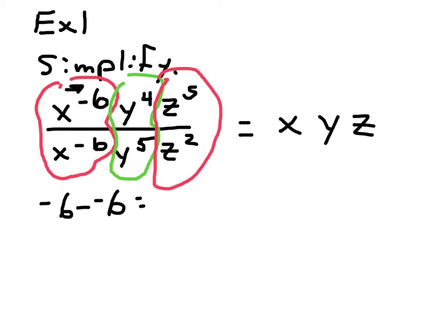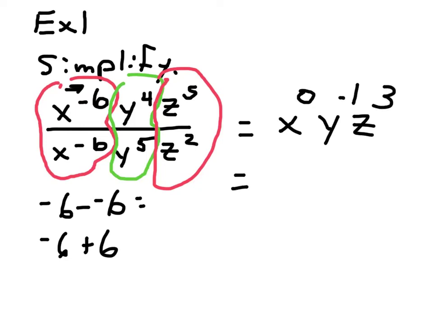I'm going to take the top minus the bottom. To divide powers, you subtract the exponents. So that's negative 6 plus 6, so that's x to the 0. Now let's do the y's. Take the top, which is 4, minus 5. What's 4 minus 5? A negative 1. And now let's do the z's. Take 5 minus 2, which is 3.